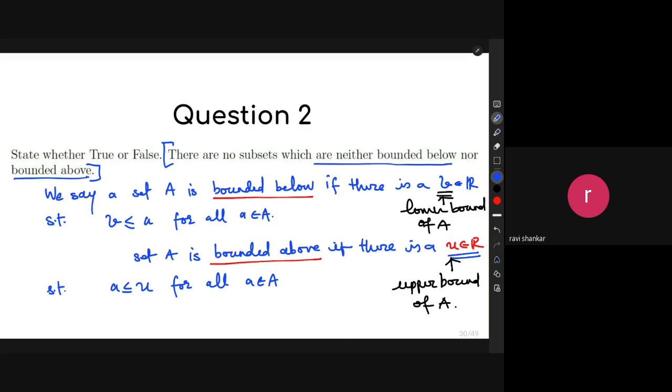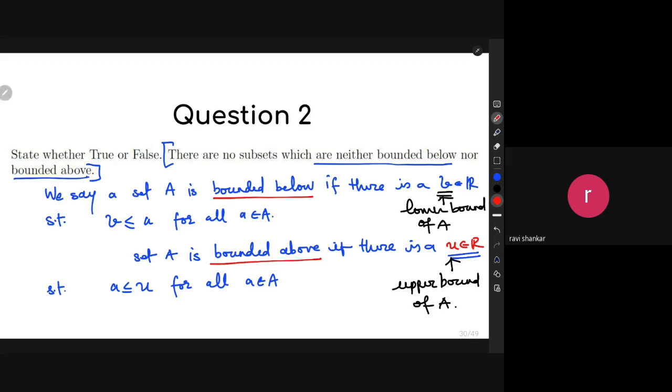You are not going to the complex numbers, because bounded below and bounded above don't make sense in complex numbers unless you define an order on C. So you are only in R, the real number line. You correctly pointed out that R is also a subset of R.